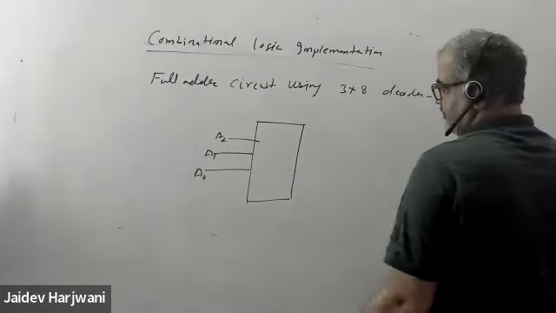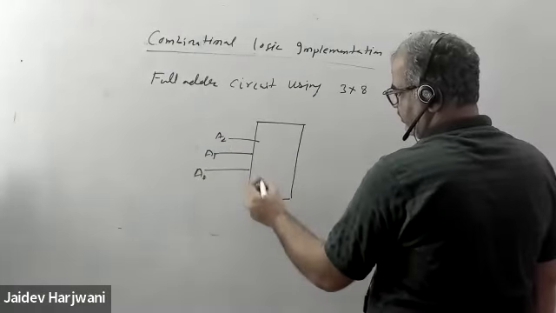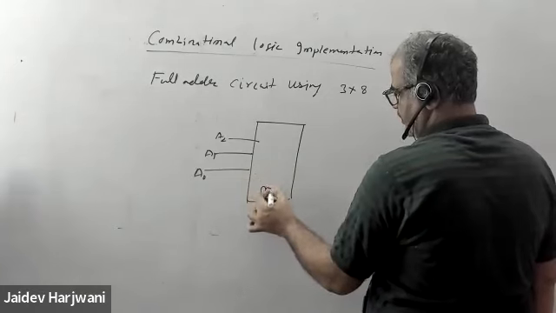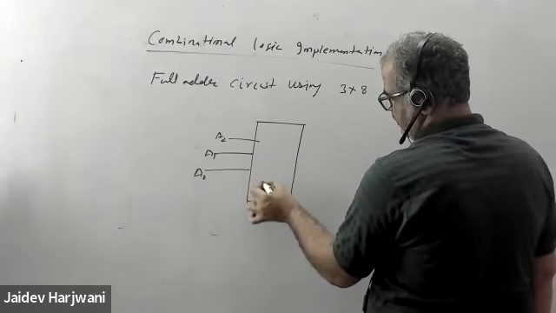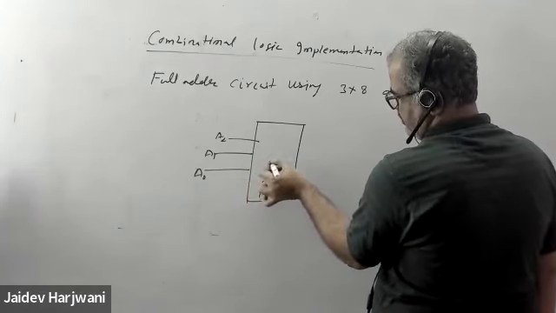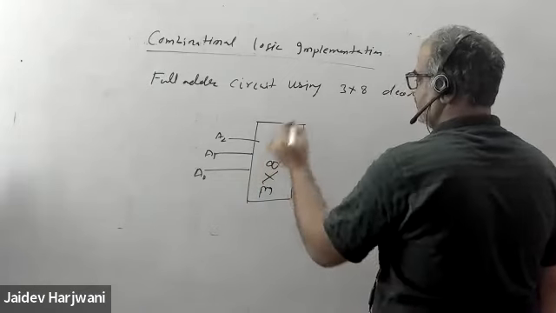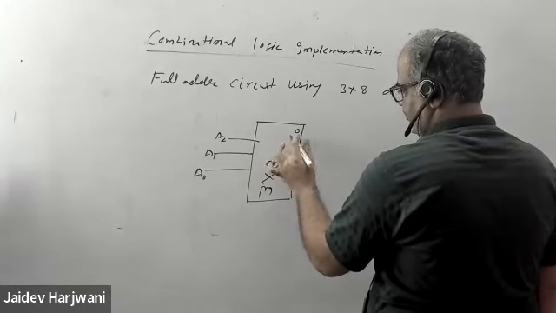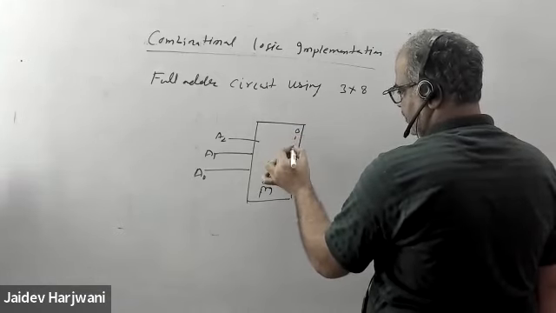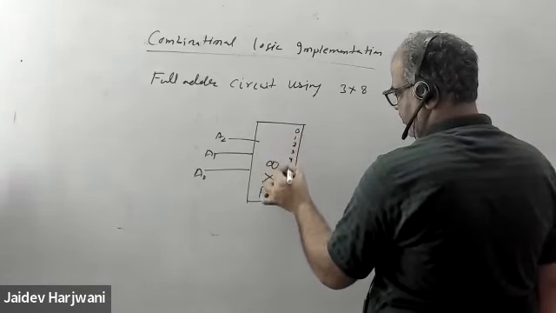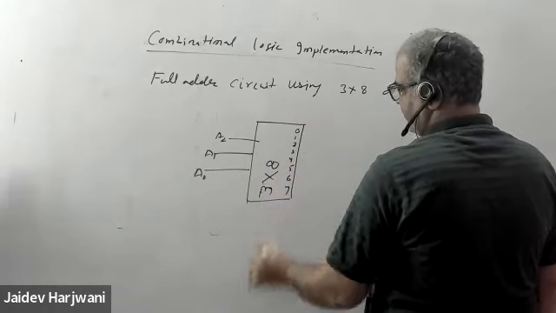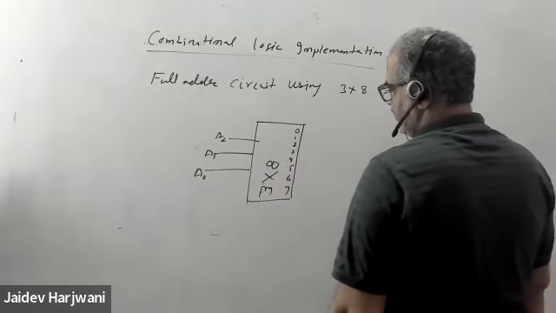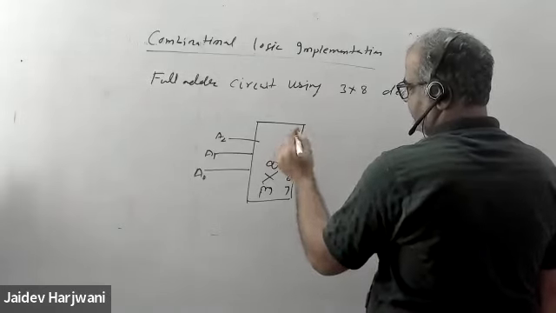This is a 3 into 8 decoder. This will give you 8 terms, which I call 0, 1, 2, 3, 4, 5, 6, 7. This will give you 8 min terms. So this will be your min term 1, min term 2.